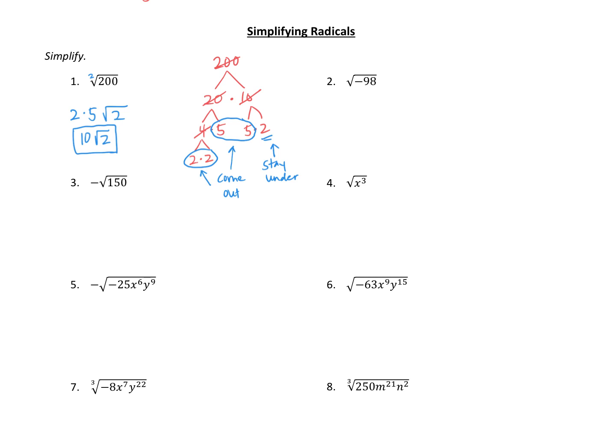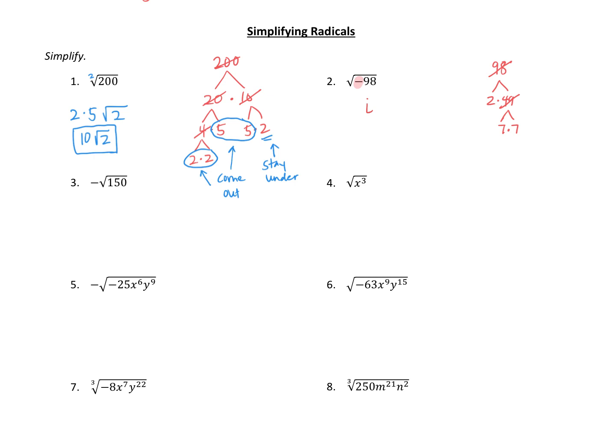So let's look at number 2. In number 2, first notice that we have a negative under the radical, so that's going to come out as an i. So don't forget that part. And now we want to simplify the 98. So we'll write down 98. 98 divided by 2 is 49. 49 is 7 times 7, and so that's all prime numbers.